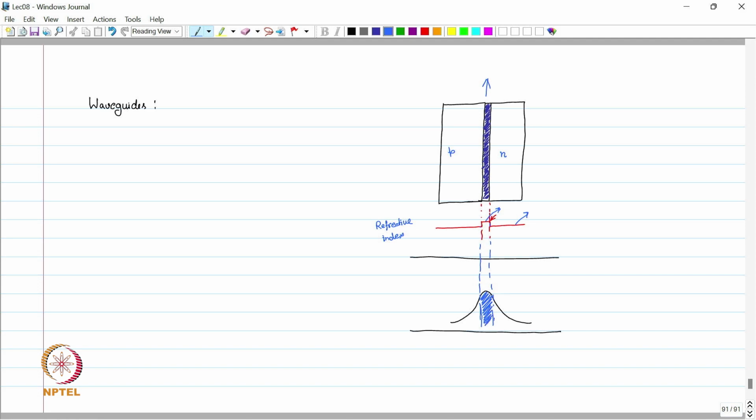These are the photons confined in this depletion region, and this can act as a waveguide. All these photons will be traveling from one side to another within this structure itself.